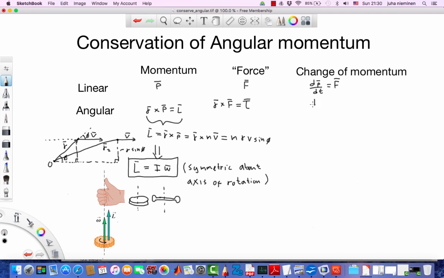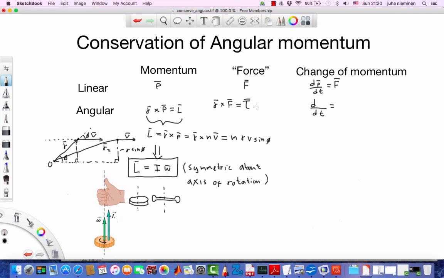So let's do this little exercise. In the same manner as we filled up the first part of the table, we have something that changes with time equals something else. In the linear case we had force here, so we have force here.